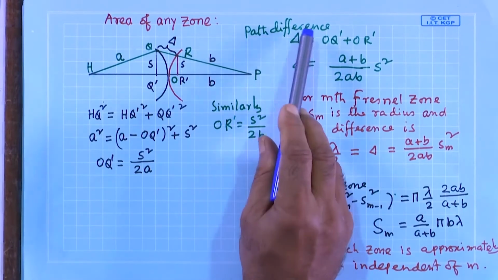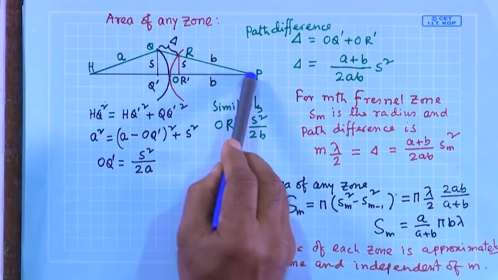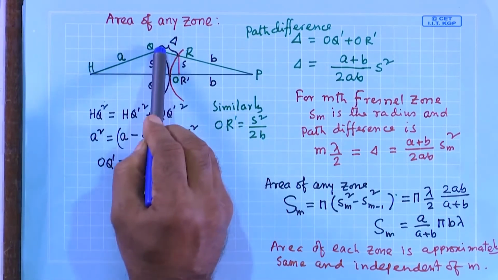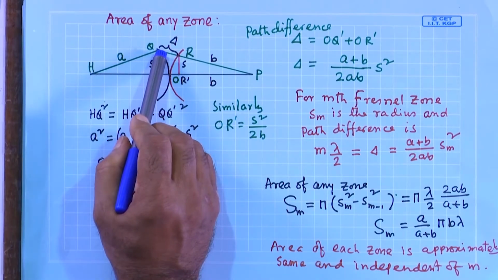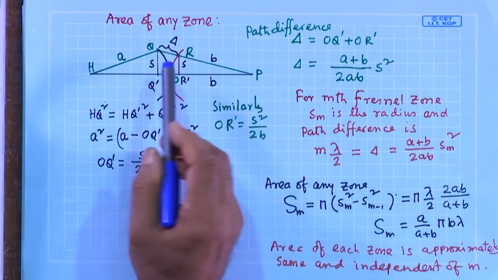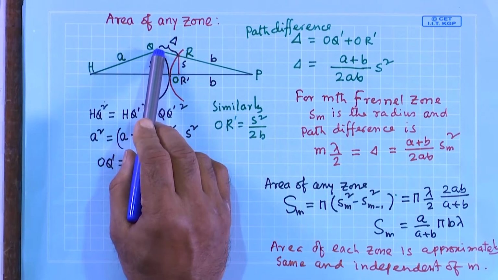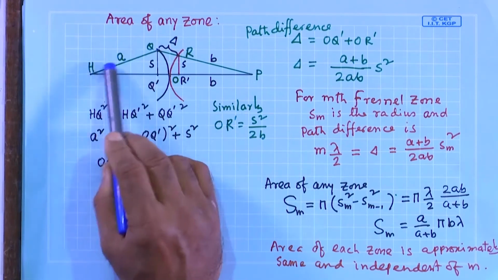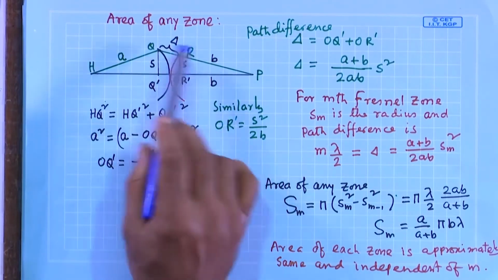So the path difference between these two, one passing through the center and another passing through one edge of the half period zone, or middle of the half period zone, what will then be the path difference between these two?